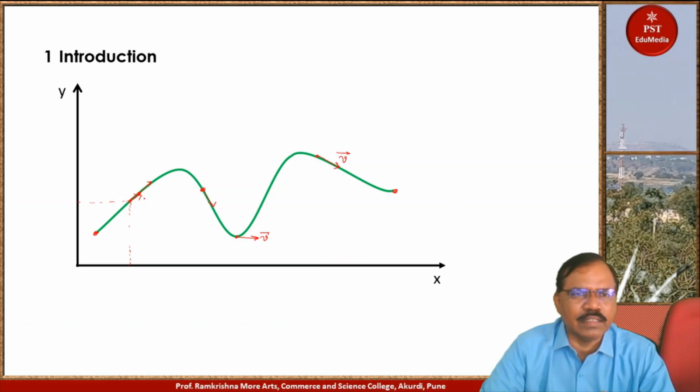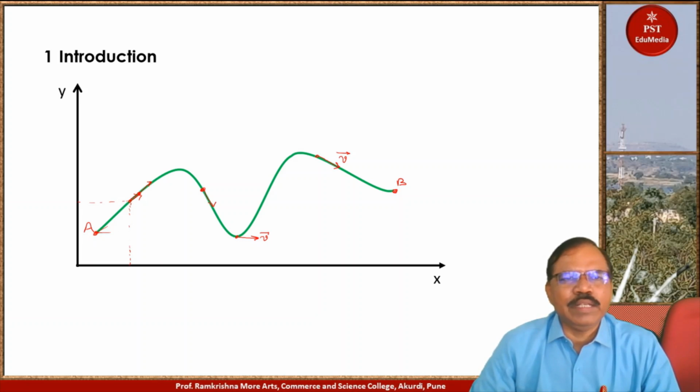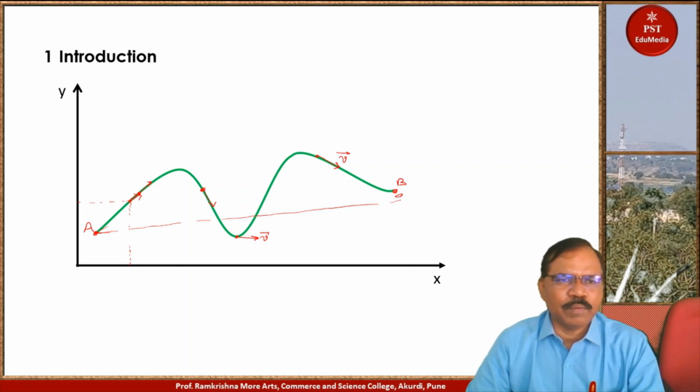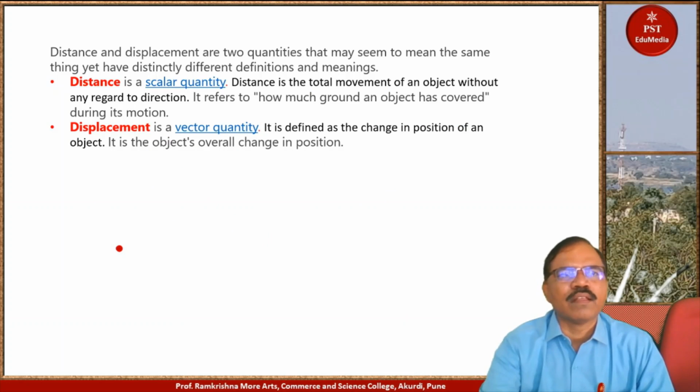Suppose we take this point A and point B. Here this path gives you the total distance traveled by the body. But what is displacement? We take this as the displacement. So to find displacement, we take the initial position and final position.